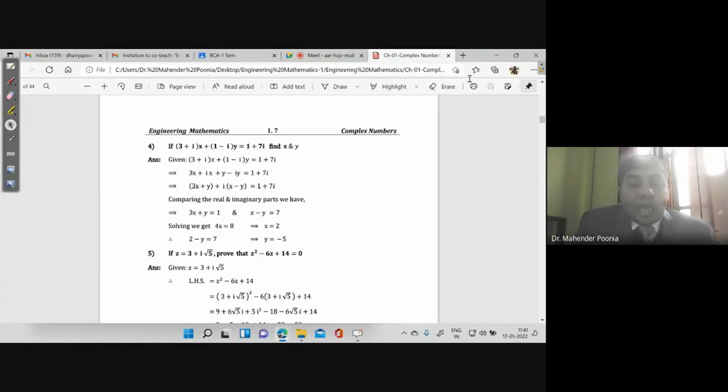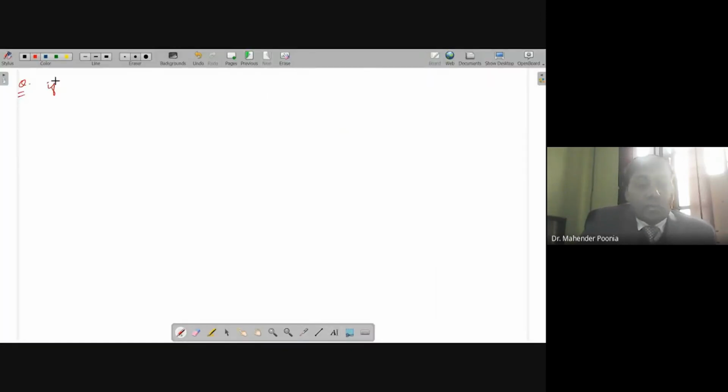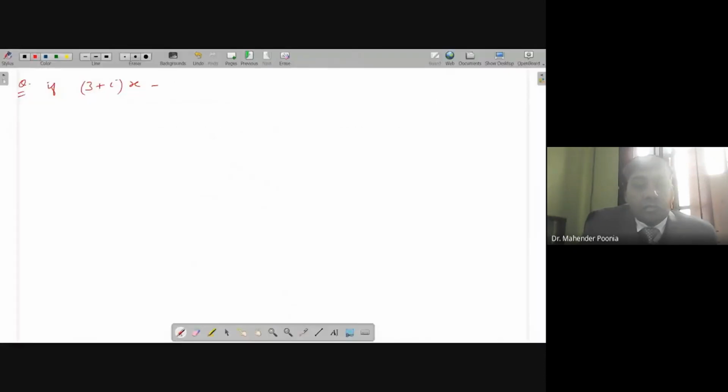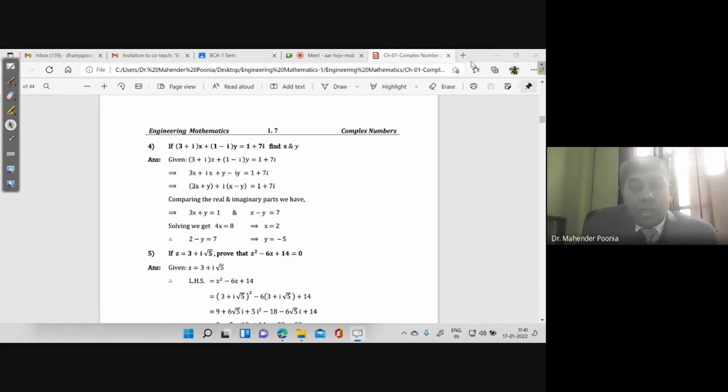3 plus iota into x plus 1 minus iota into y is equal to 1 plus 7 iota.